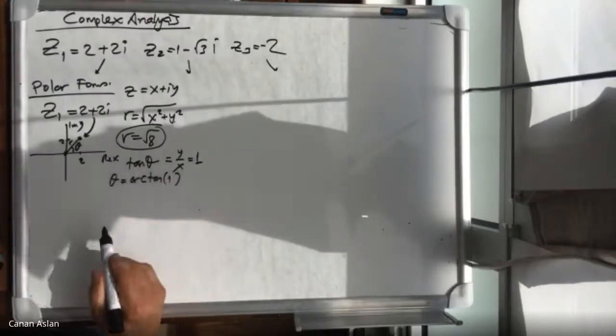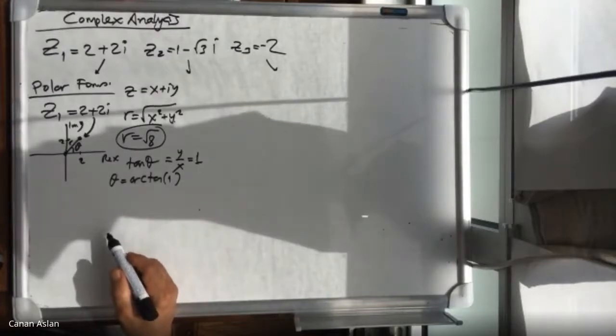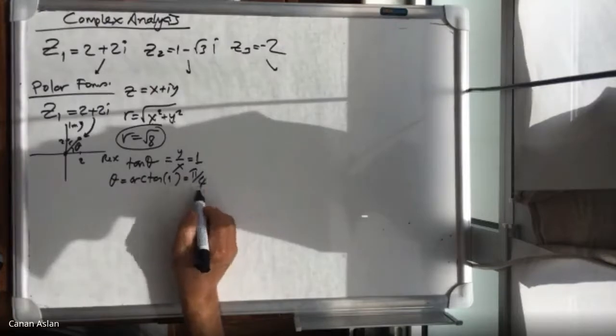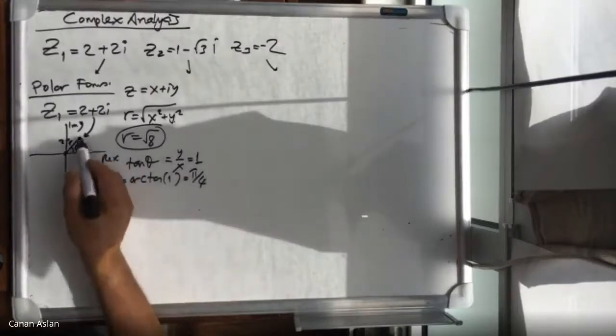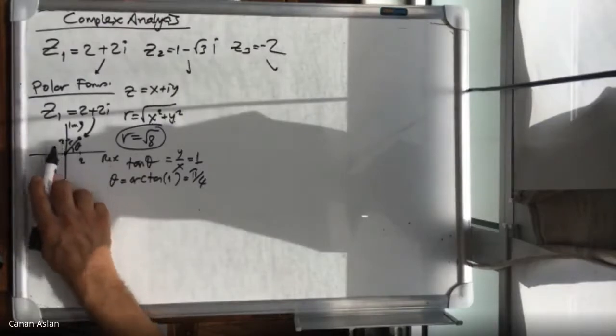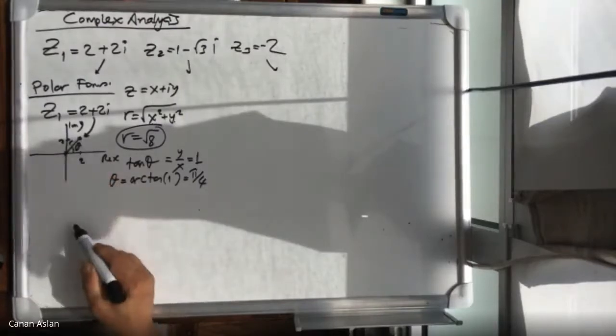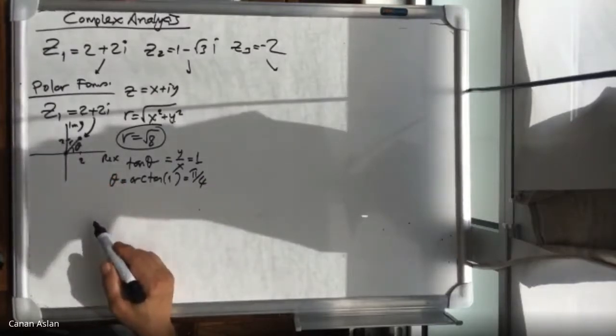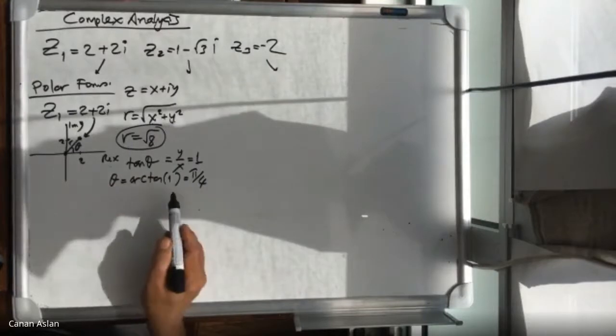What angle gives you 1 if you take the tangent of it? It's just pi over 4, which is 45 degrees. Exactly, because this is 2 units to the right and 2 units up, and this is the hypotenuse of this triangle, and obviously you will get 45 degrees.